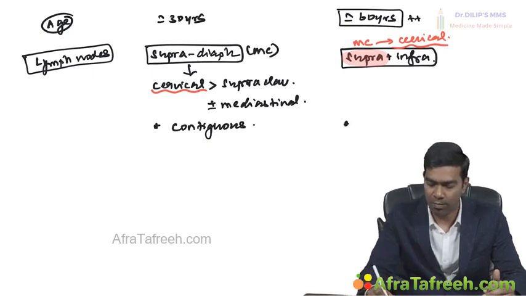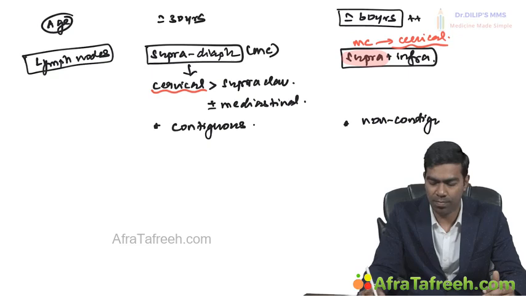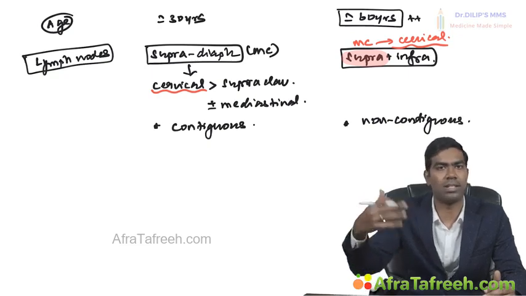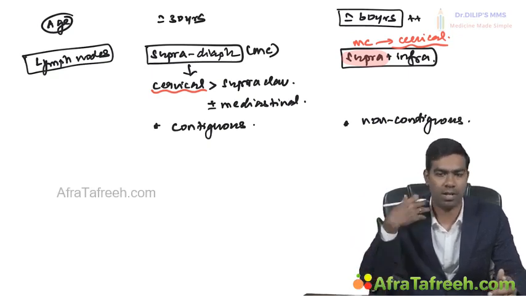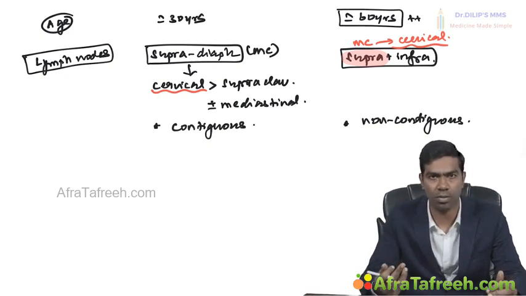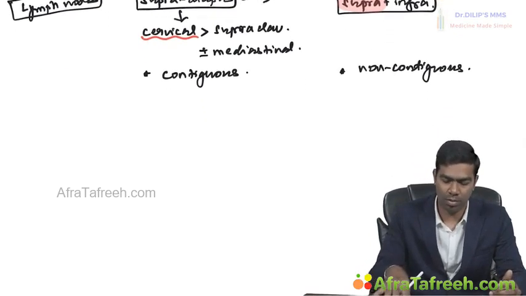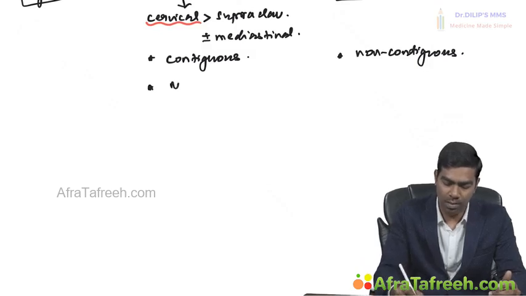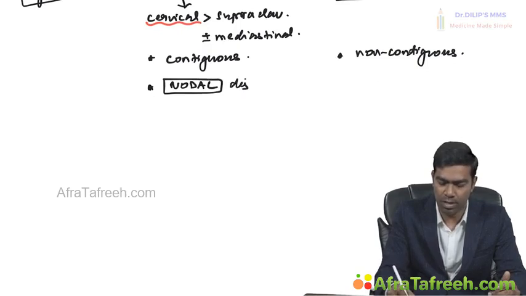Whereas in a non-Hodgkin lymphoma, it tends to be more often a non-contiguous spread, which means they need not involve anatomical sites in a sequential fashion. They might involve cervical and para-aortic nodes also. All are possible. And remember, most of the time Hodgkin lymphoma is confined within the nodes, which means most of the time it will be a nodal disease only.